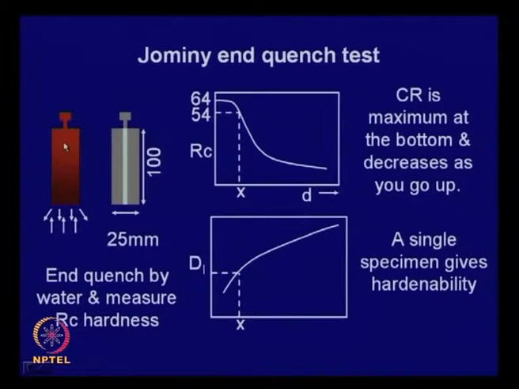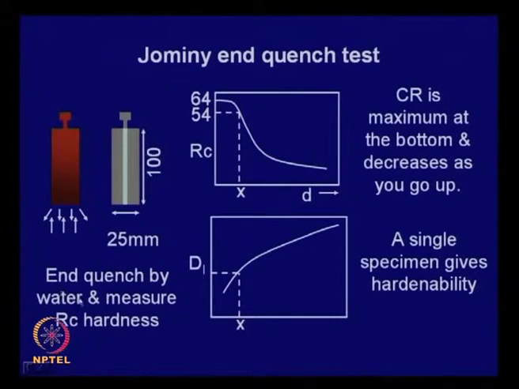After the end quenching is done and the sample has cooled down to room temperature, you take out this piece from the fixture. The approximate dimensions of this specimen are given, and these tests are actually empirical tests, so it is better to follow the standard dimensions given here.